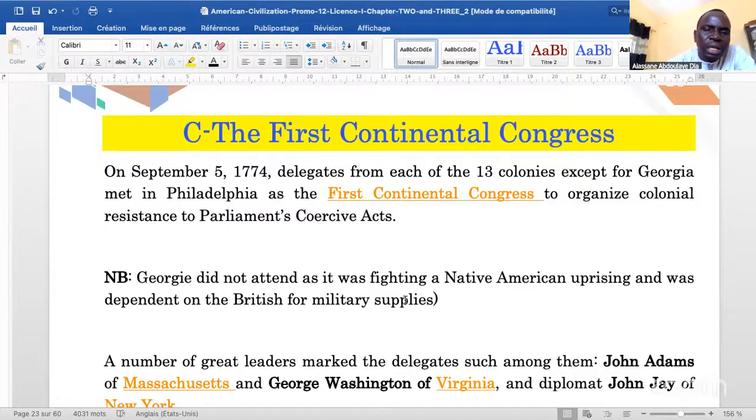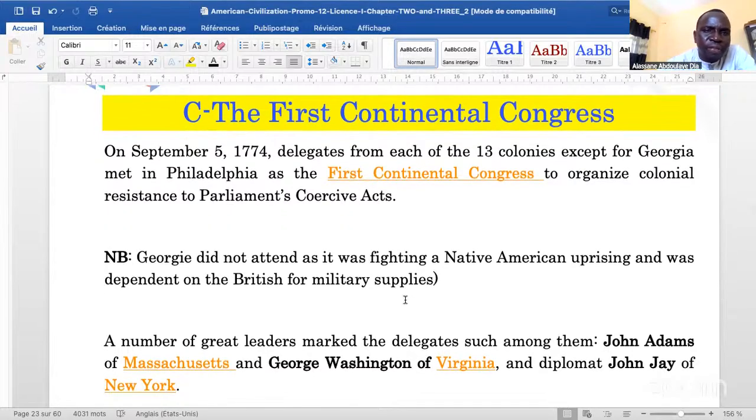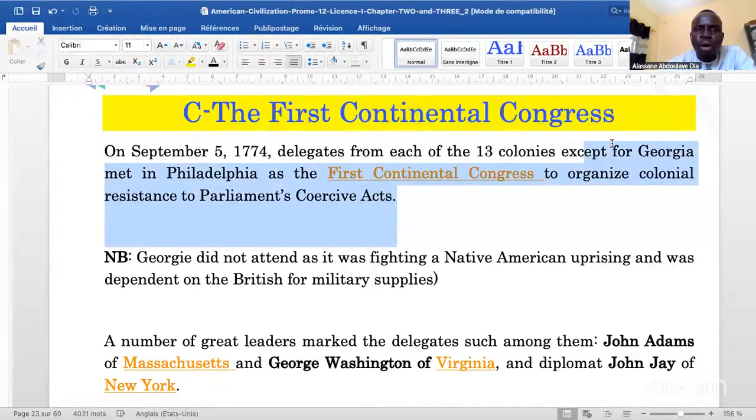On September the 5th, 1774, one year after the Boston Massacre, delegates from each of the 13 colonies, except Georgia, met in Philadelphia at the First Continental Congress to organize colonial resistance to Parliament's Coercive Acts.